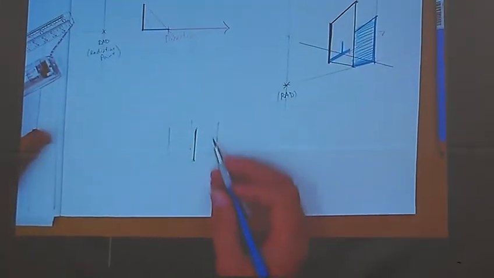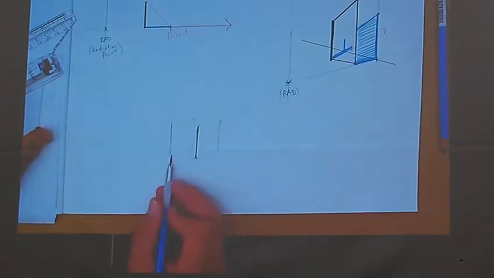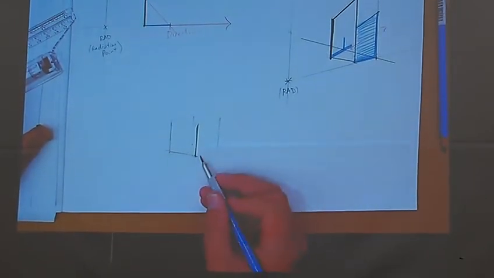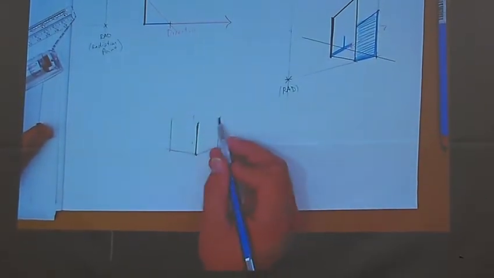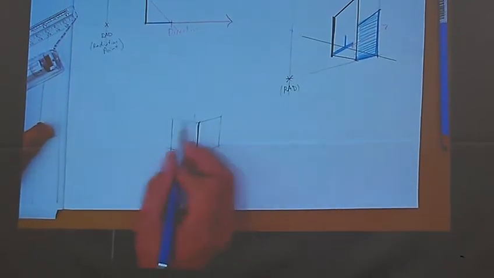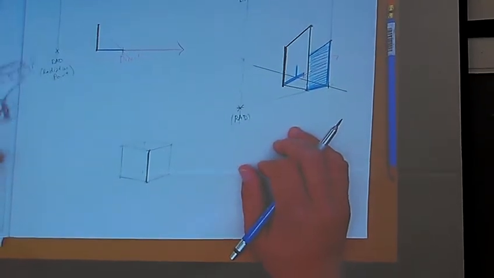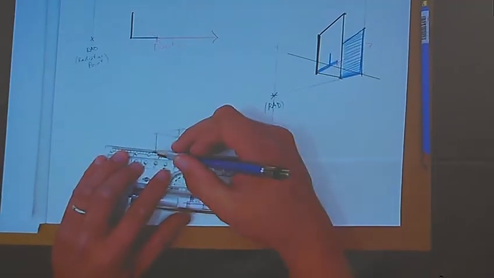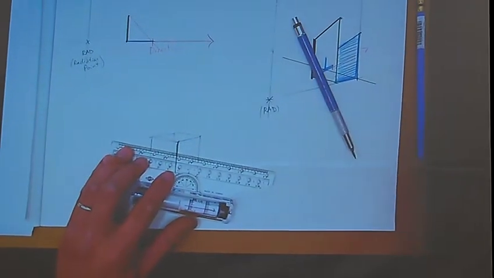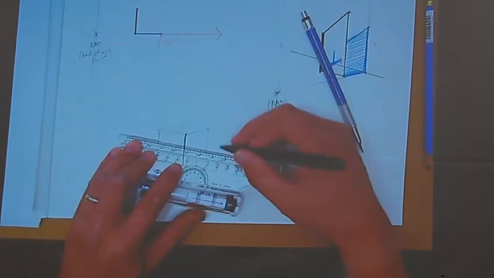Because it makes the concept easier to communicate. It's not because I'm trying to avoid it. It's just that when you draw really extreme cubes, say where one side's really foreshortened, it makes it harder to communicate the ideas. So let's say you have a cube here, and you have a wall, and let's say they're at different angles even.